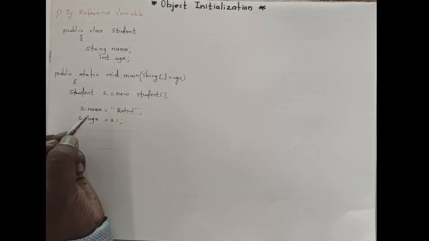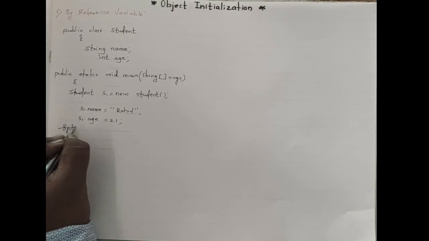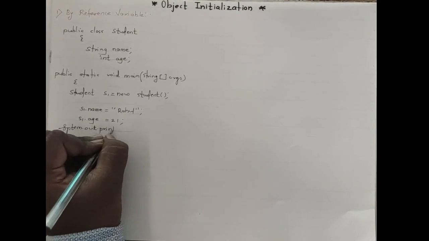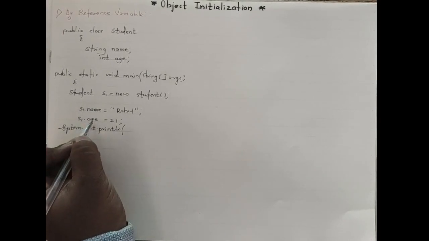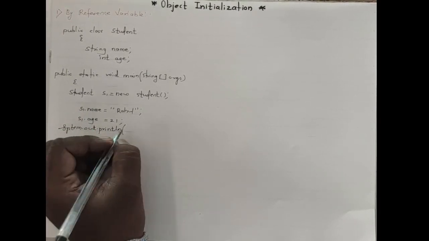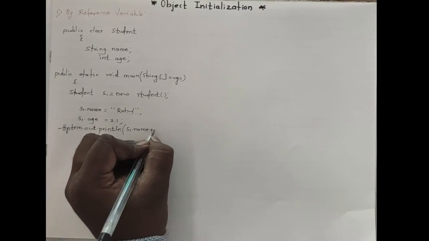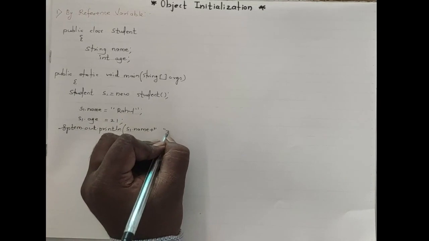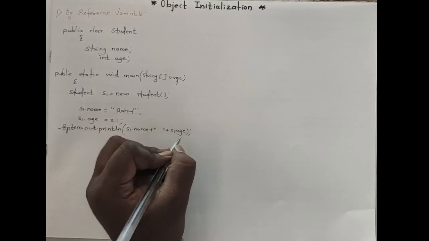Then I am printing those two. How to print? We know that System.out.println. First one is the name and second one is the age. s1 dot name plus double quote, then space, then double quote plus s1 dot age, then semicolon.